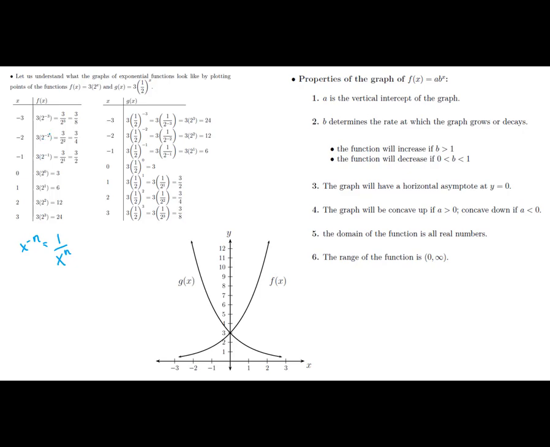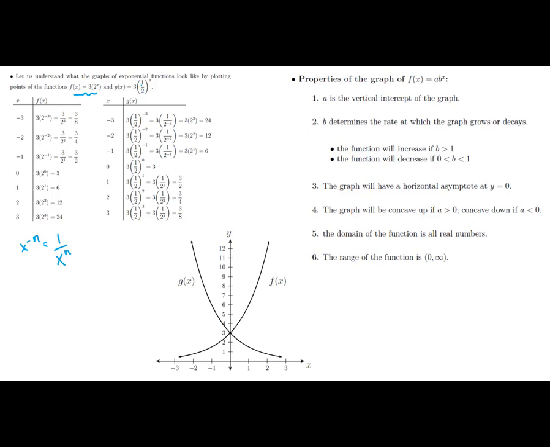Same thing here: 2 to the negative 2 is 1 over 2 squared, so we get 3/4. And then of course the positives just give us positive answers here. And so in this function, we have exponential growth. As the x value gets larger, the y values get bigger and kind of explode out of control.